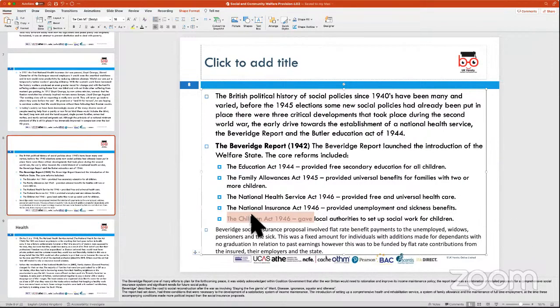This is the most important bit that we need to understand in Learning Outcome 2, which focuses on understanding the timeline of how social and community welfare provision came into the UK.